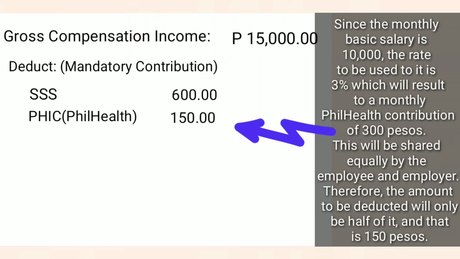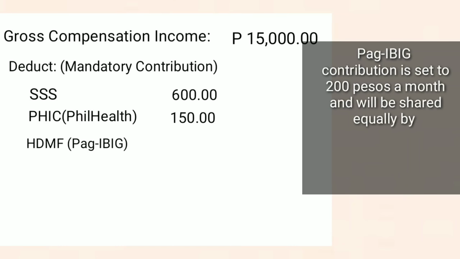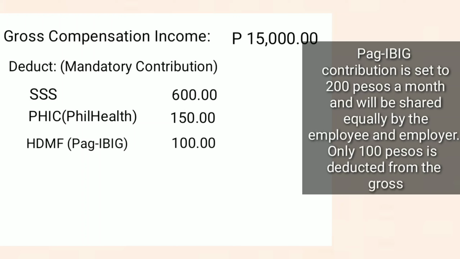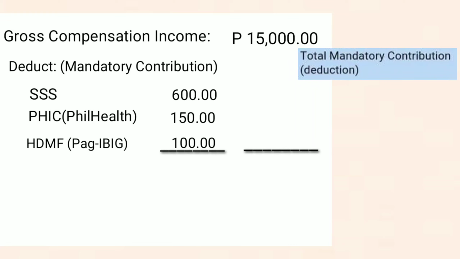Therefore, the amount to be deducted will only be half of it, and that is 150 pesos. Lastly, Pag-ibig contribution is set to 200 pesos a month and will be shared equally by the employee and employer. Only 100 pesos is deducted from the gross compensation. Total mandatory contributions amount to 850 pesos.